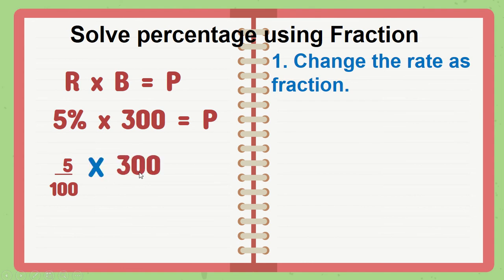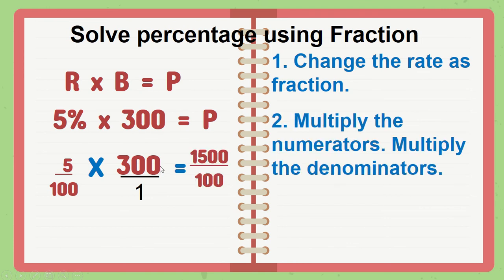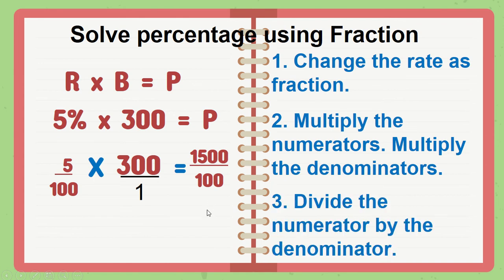So, we will write over 1 and we will multiply the numerator and the denominator. So, 5 times 300 equals 1,500 and 100 times 1 equals 100. Step 3, divide the numerator by the denominator. So we have 15.